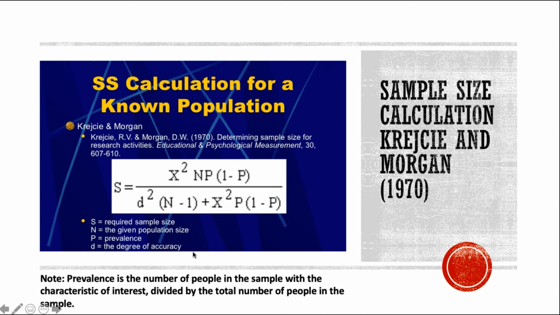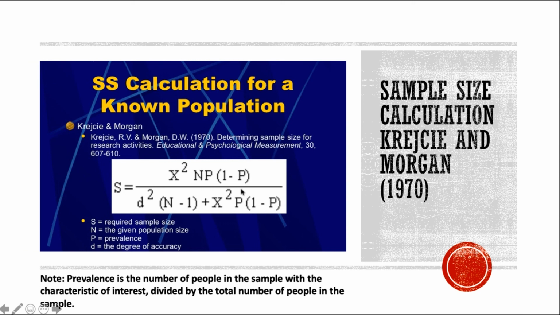So the total of all homeless people, we divide by those who interest us, maybe in Kampar, in Perak. So the sample size here equals chi square times N times p times 1 minus p, divided by d squared times N minus 1, plus chi square times p times 1 minus p.